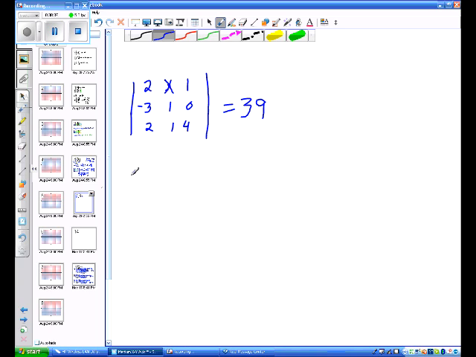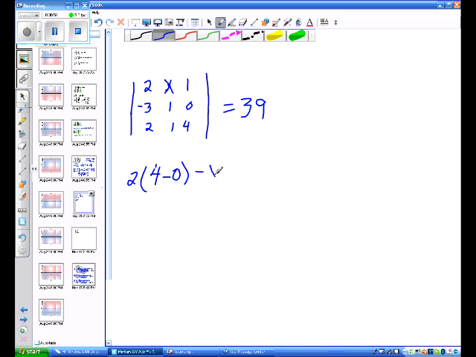So we've got 2 times, we're going to eliminate that row and this column, so that would be 1, 0, 1, 4. So the product going down is 4 minus 0, the product going up.